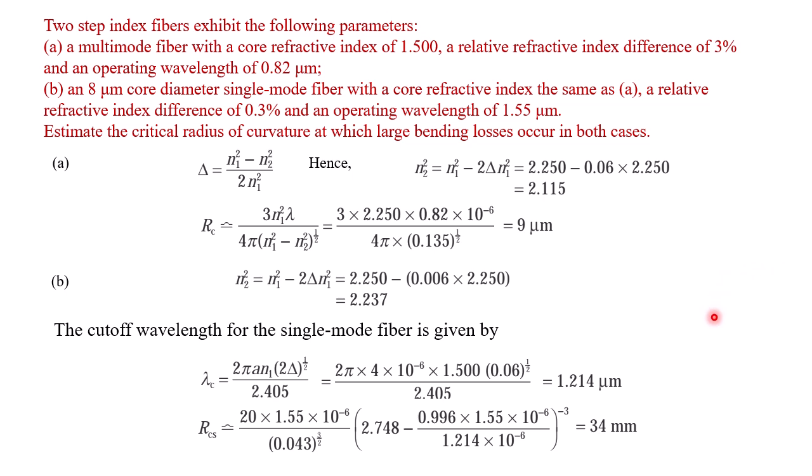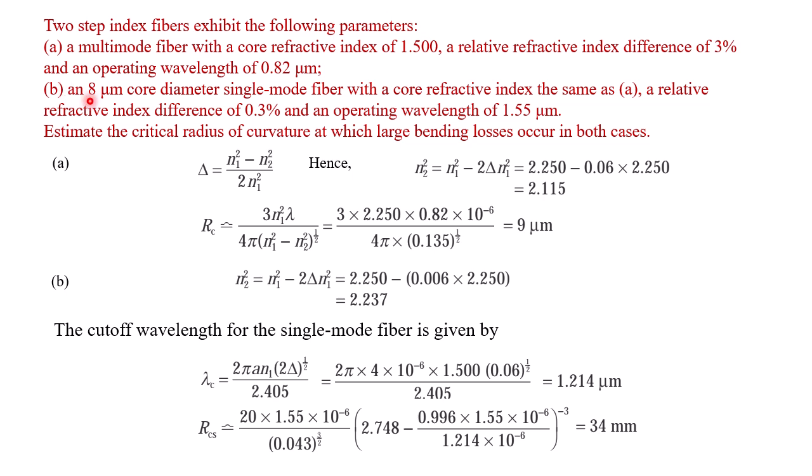So let us have a problem, a numerical problem. Two step index fibers exhibit the following parameters. A multimode fiber with a core refractive index of 1.5, a relative refractive index difference of 3%, and an operating wavelength of 0.82 micrometer.